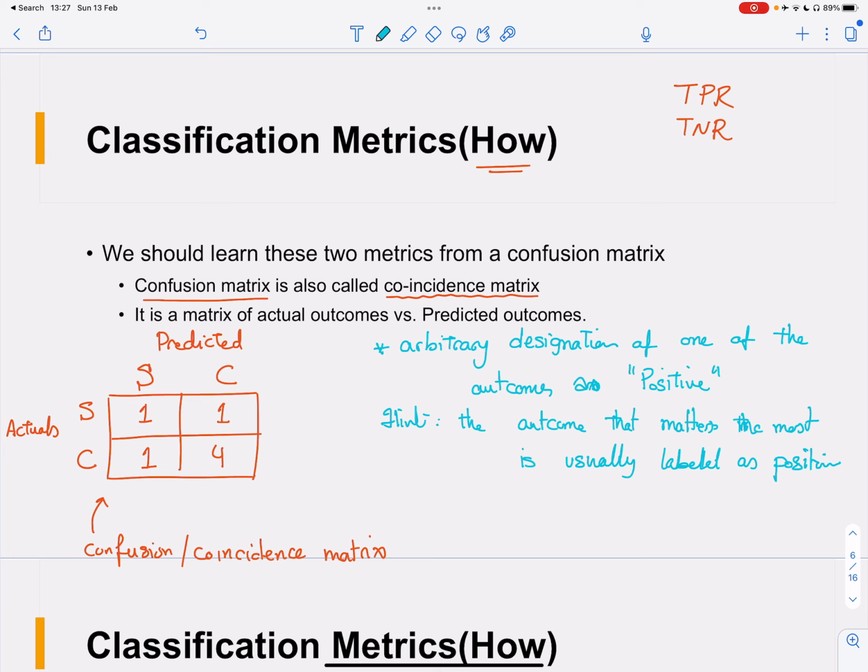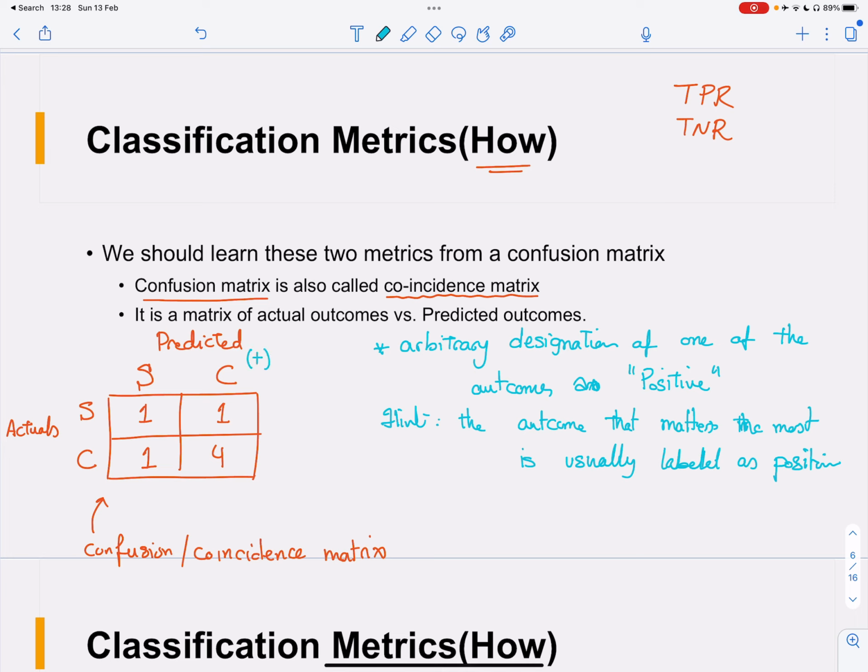So, for instance, if the outcome is whether someone is not sick or someone is sick or ill, then the ill one is something that matters to us. We are worried about it. So that one would be labeled as positive. But in general, this is arbitrary. So let's call the cloudy one positive.